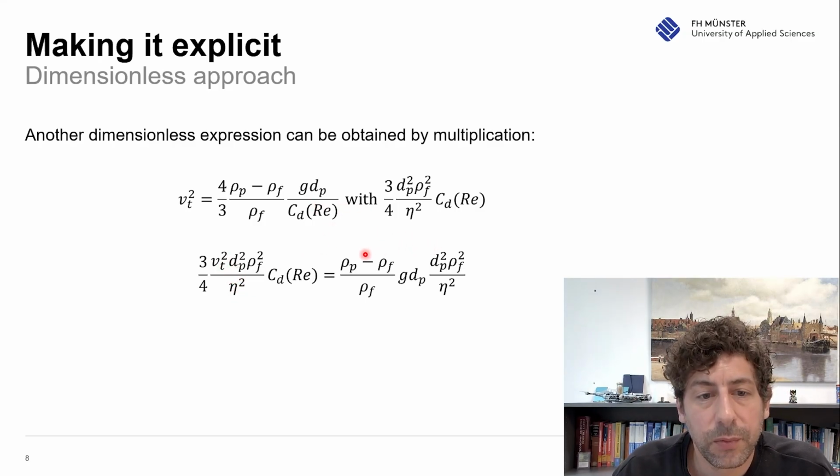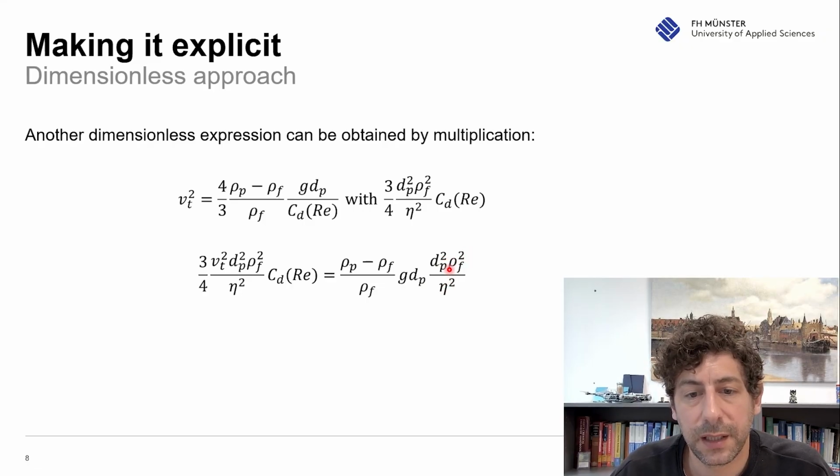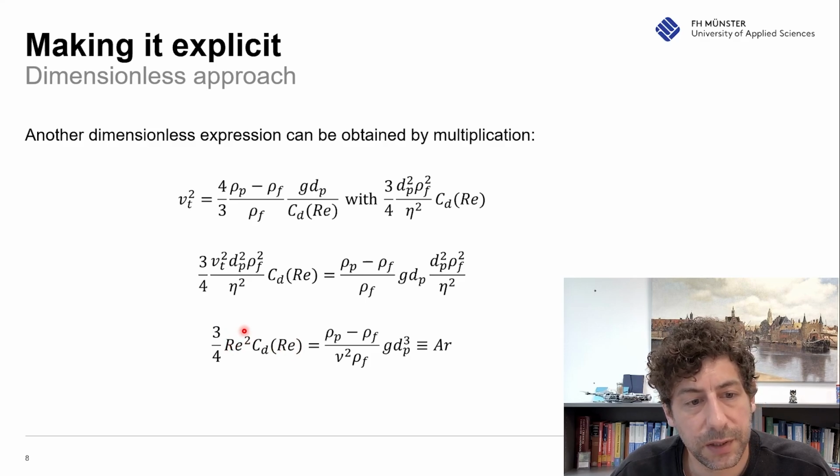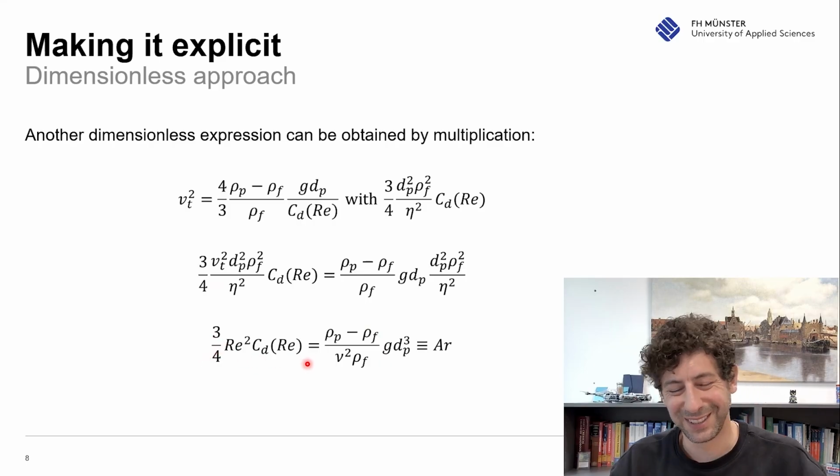And if we look again at this part and this part here, we can also do a little bit of math. So for example, we have dp and dp squared, which is dp cubed. And here we have again the kinematic viscosity, and then we get the final equation, which is Reynolds number squared, 3 divided by 4, sorry.